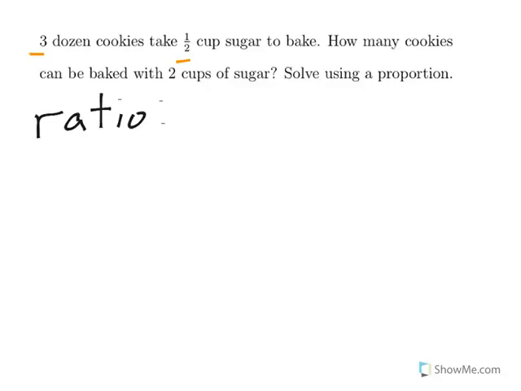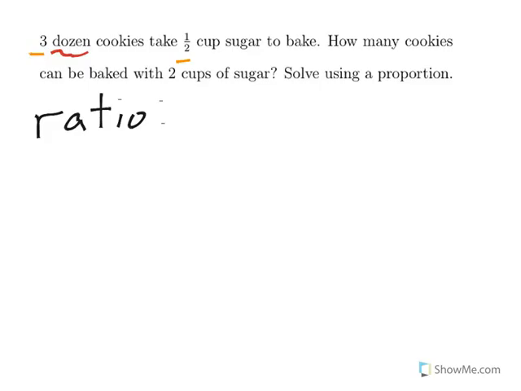The other issue is I could sort of look at 3 dozen as 3 times 12, 36 cookies, but I don't have to, and why make the numbers worse than they need to be?